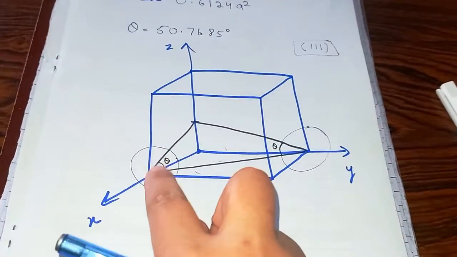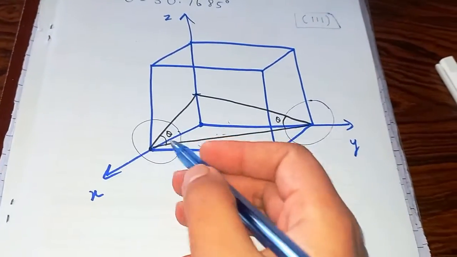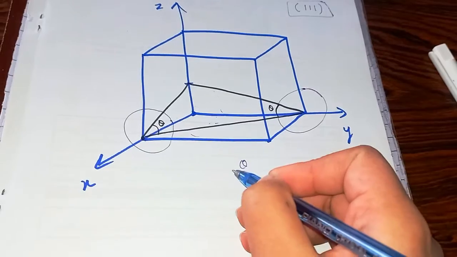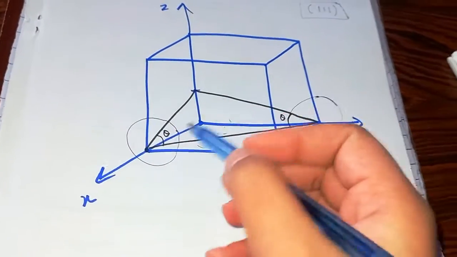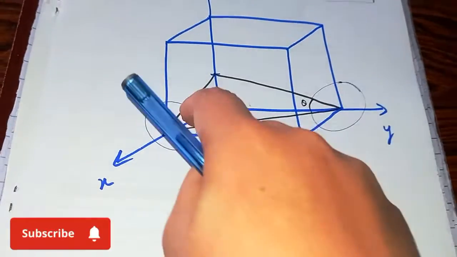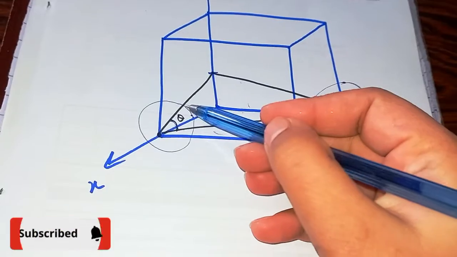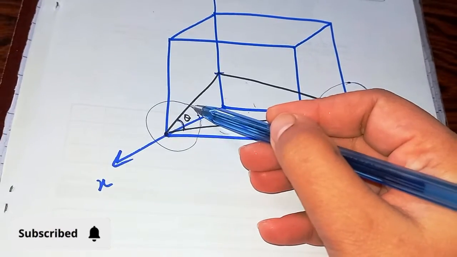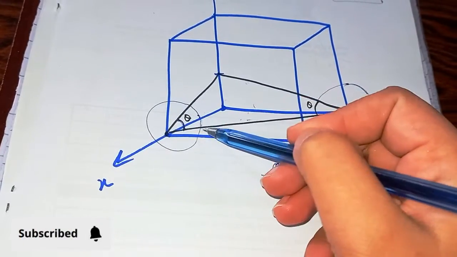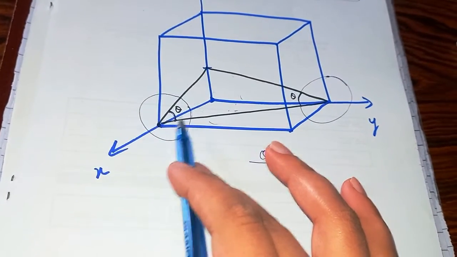So in order to find out these atoms' contribution to the plane, what we do here is divide the theta that we have by the total angle of the circle. Because this is the whole atom, and only this part of the atom is inside this plane, not all of it. So we have to find out the part that is inside the plane.